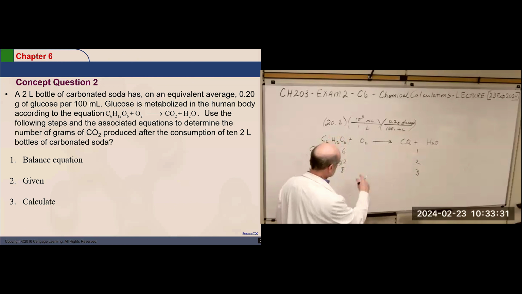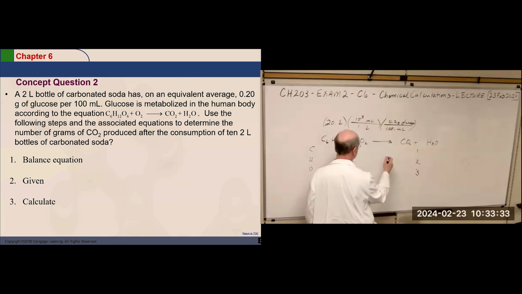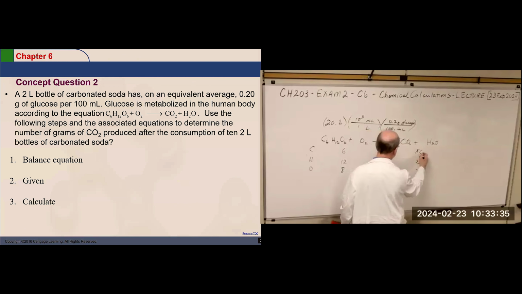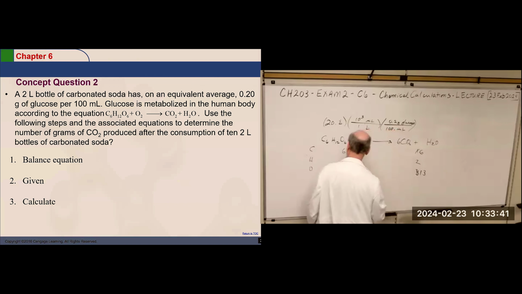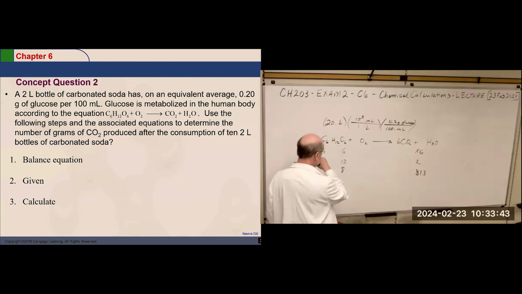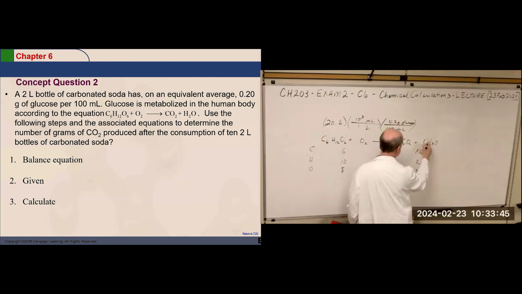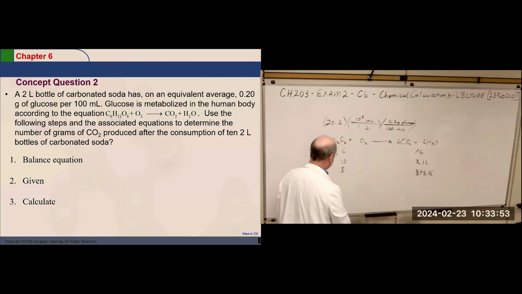Okay, so we'll start with carbon. 6 carbons. That gives us 12, 13 oxygens. Okay, hydrogen. We need 12 hydrogens on this side. 6 will give us 12 hydrogens. That's 6 and 12 is 18. Okay, oxygens.